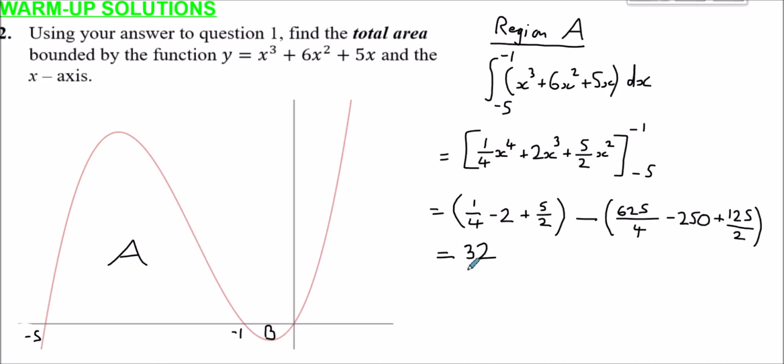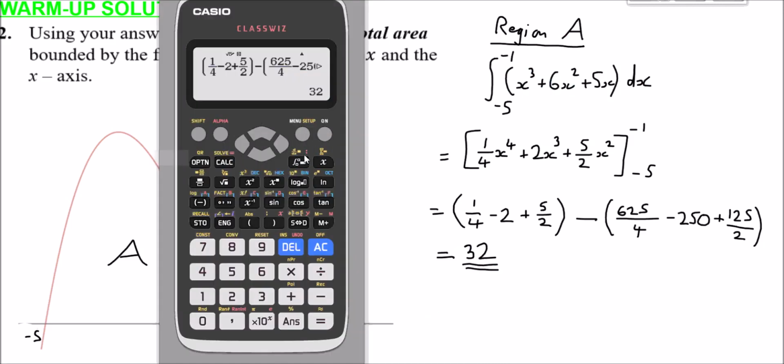Now I did promise you, I'll show you how to do a legal cheat by using the ClassWiz. We could have input this straight away. So if we did that straight away, we just use this integral button here. We type in the limits, -5 below, and the top limit is -1.